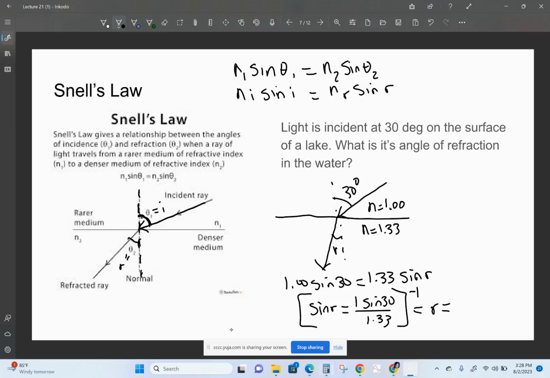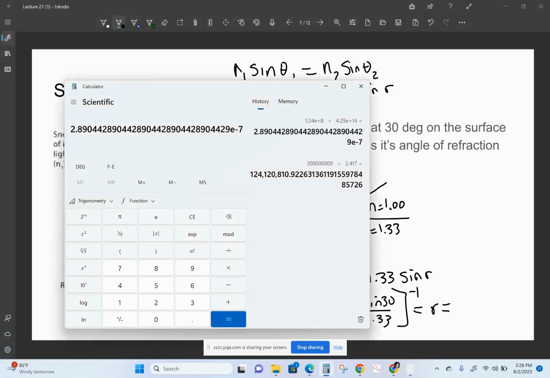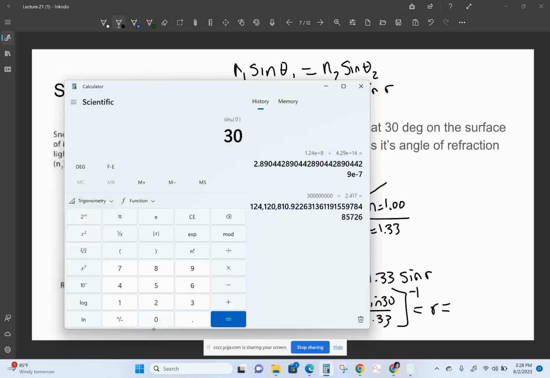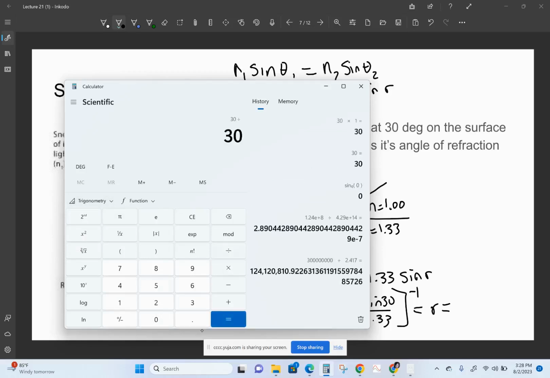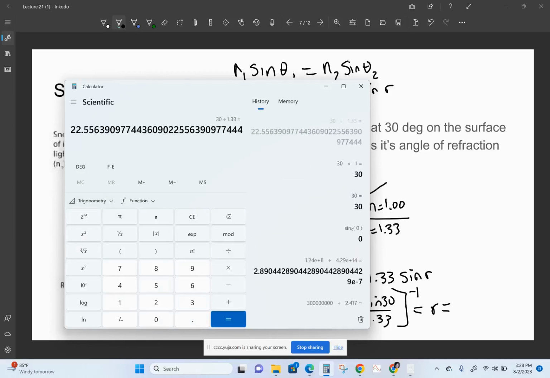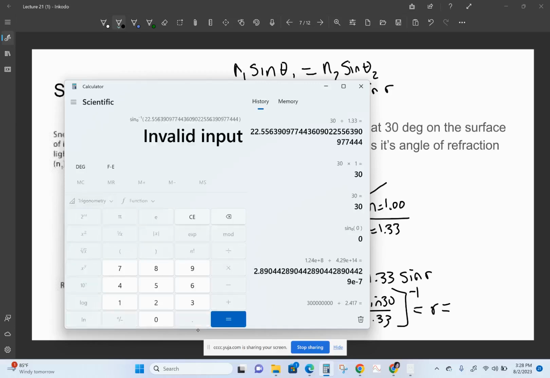So let's do that. So that's going to be 1 times sine of 30. So let me get my trig on here. Okay, let me try that one more time.